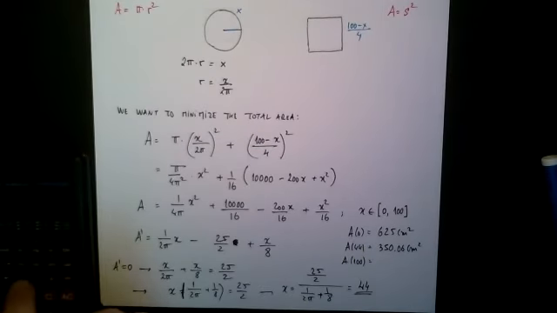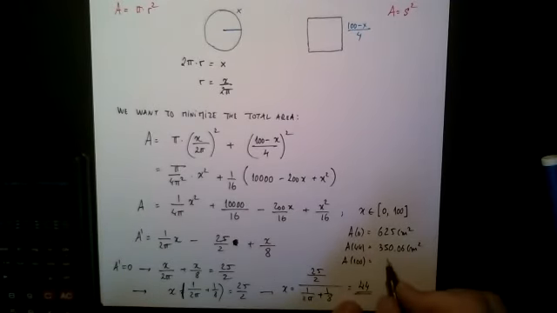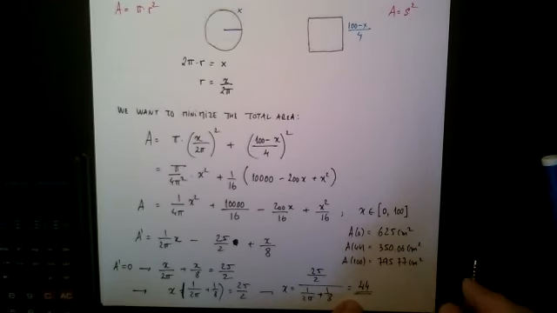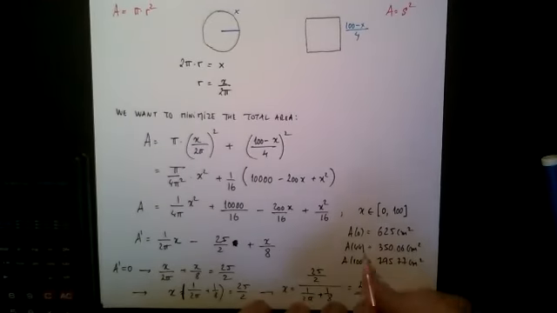So 50 over pi, squared, times pi, 795. Okay, so as you see, this is the minimum.